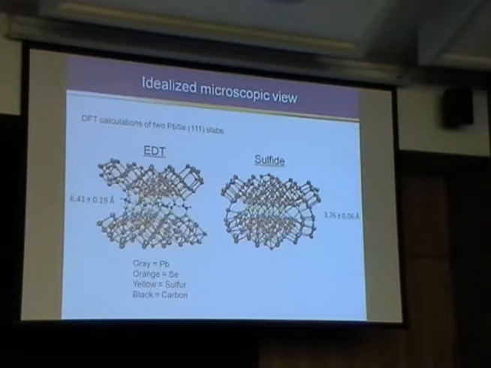And so what we see is that EDT can draw, in an ideal situation where we have planar quantum dot slabs, the quantum dots together to be about 6.4 angstroms separated. The sulfide, though, is much smaller, and so it can draw the quantum dots together by about 3.8 angstroms or so. The other interesting thing in this particular simulation is that we see that with sulfide, by bringing the dots very, very close together, we also open up the opportunity for direct bonding between the lead and selenium atoms between the individual dots.